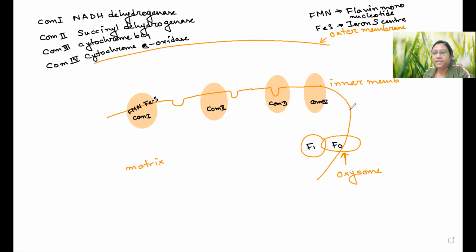If anywhere there is mention of fifth complex, that is counted somewhere as part of cytochrome C oxidase, somewhere it is separated, that is cytochrome AA3. Fifth complex is cytochrome AA3, and it is the final stone in the electron transport pathway. After this, the electron is accepted by the oxygen. So I am writing about the complex number 5, so complex 5 is cytochrome AA3.